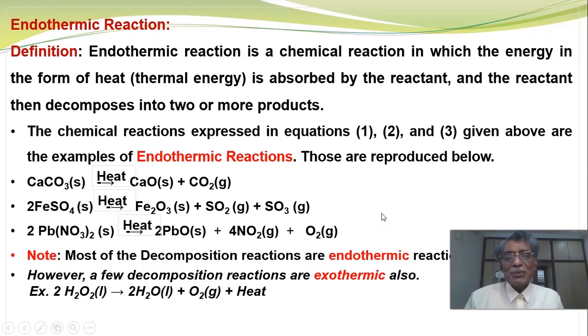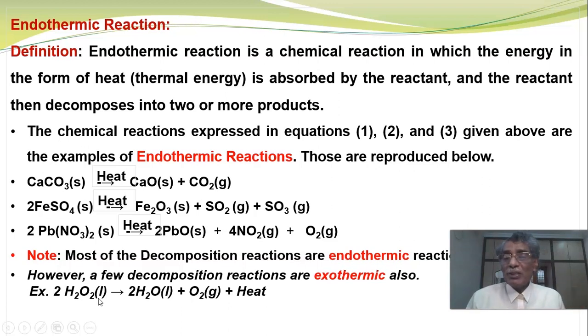Most of the decomposition reactions are endothermic reactions. That means heat is absorbed by the reactant and then the reactant decomposes into products. However, a few decomposition reactions are exothermic also. That means heat is released in the reactions.